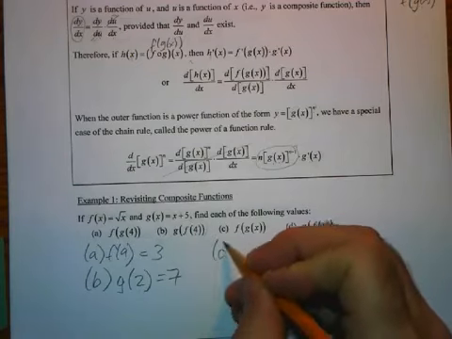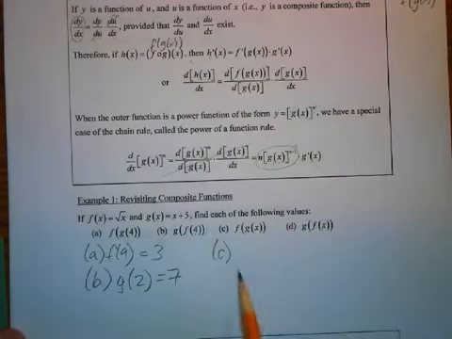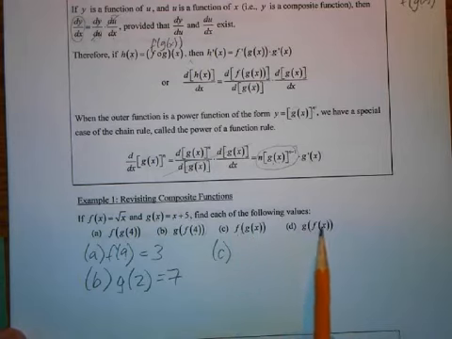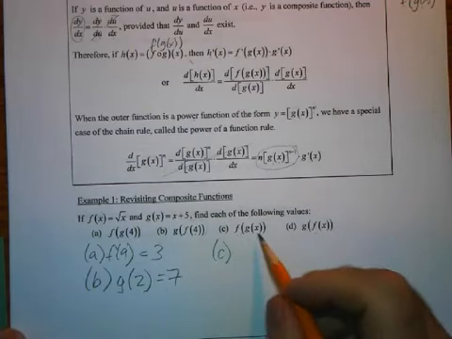Okay, and then actually, we're not using a value of x, we're using the general formula here. In part c, we've got f of g of x, and in d, we've got g of f of x. So this is a good chance to see whether these two are the same or different.